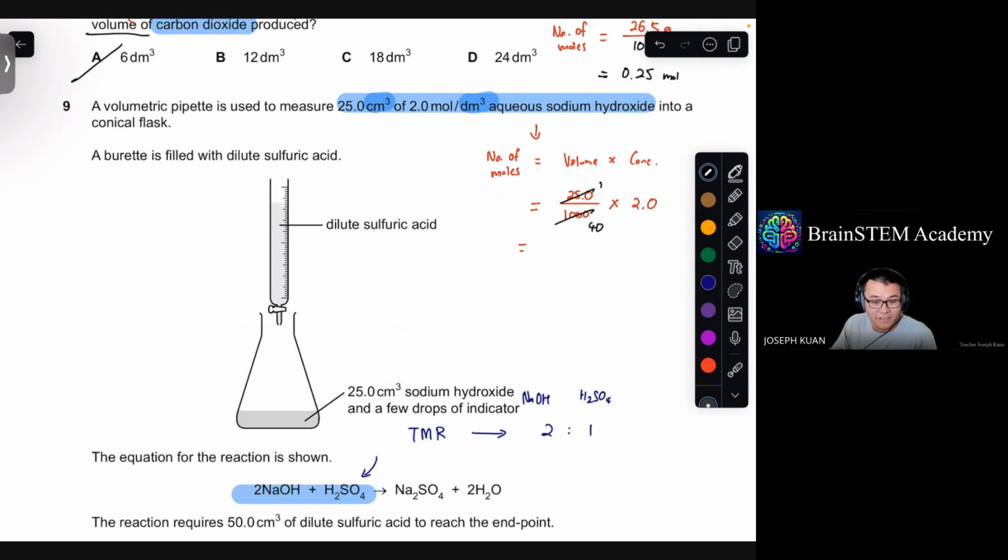Let me just use the calculator to speed this up slightly: 25 divided by 1,000 multiplied by 2. So you get 0.05 mole.